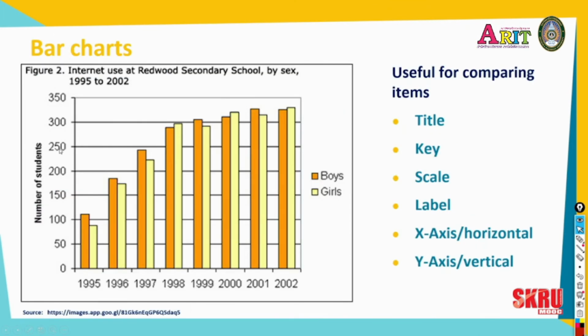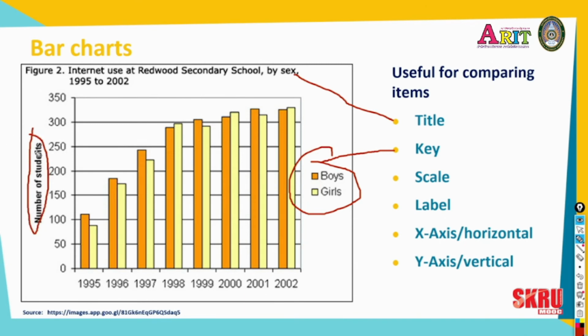We'll take a shorter, brief look at bar charts here. Very similar, same ideas. We have a title, we have a key, just two groups here, scales, the number of students, labels. This is a label here.